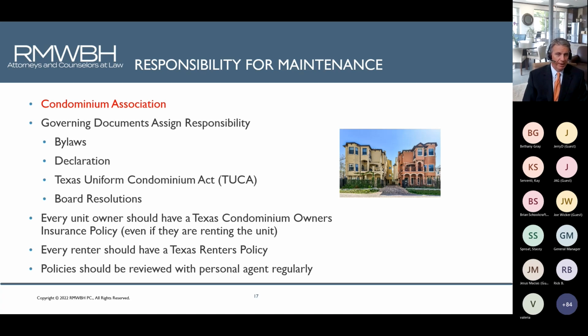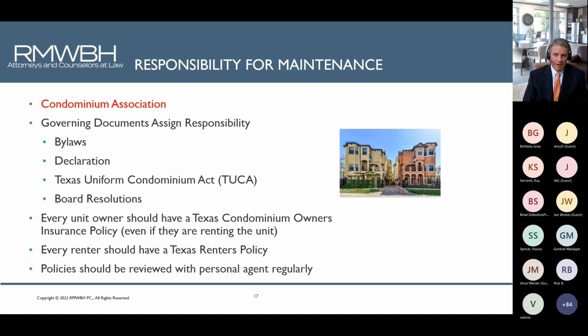Oftentimes you see a condominium is not owner occupied, it's renter occupied. I cannot tell you how many times we have seen, when an unfortunate event like a fire occurs, that's when the renter learns for the first time that they didn't have insurance on their contents. They didn't have insurance on everything that they brought into that condominium, from the couch to the television to their clothes. And it is such an unfortunate circumstance. Every renter needs to have a Texas renter's policy.